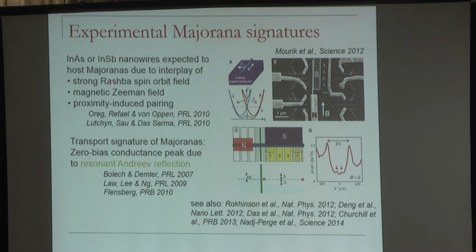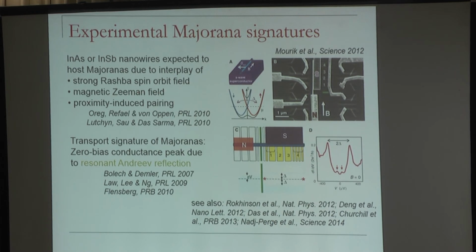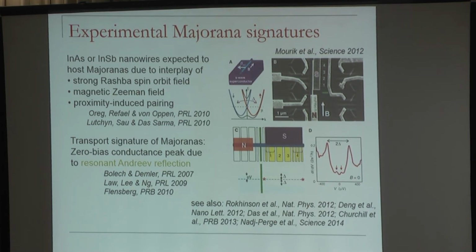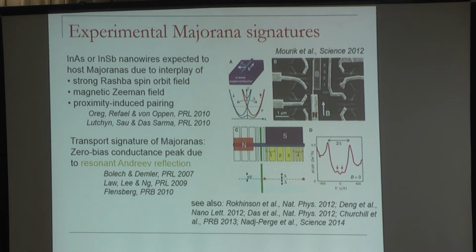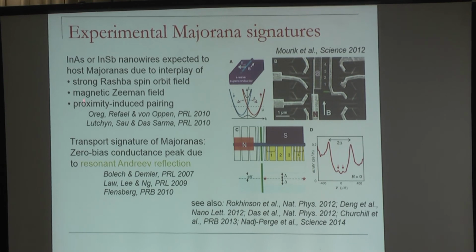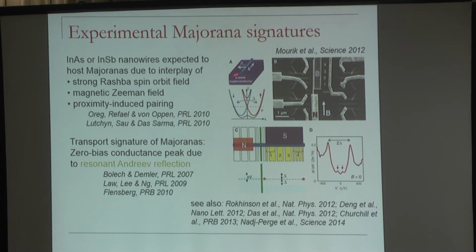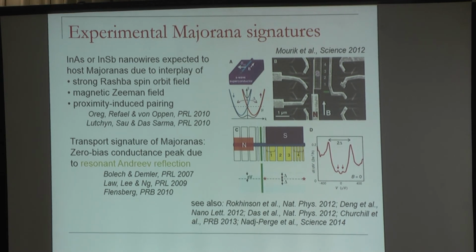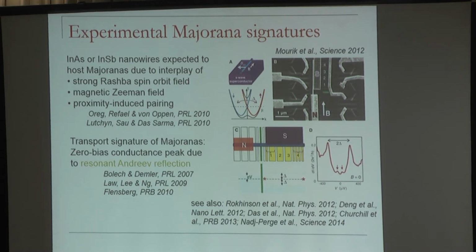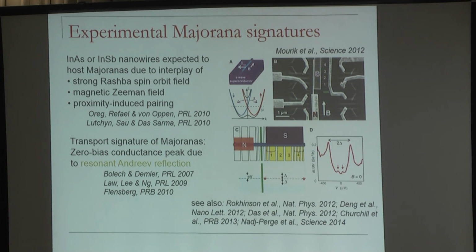These are materials that have a strong intrinsic spin orbit coupling, and when the magnetic field is tuned to sufficiently big values above this gap scale, which is typically of order 1 millielectron volt or 0.5 millielectron volt, say, then you can hope to see these Majorana fermions, at least in sufficiently clean materials. They can make these nanowires with mean free paths of a micron in the meantime.